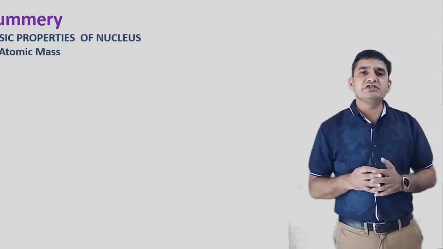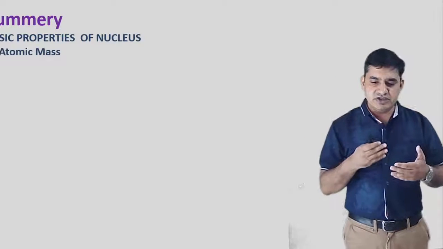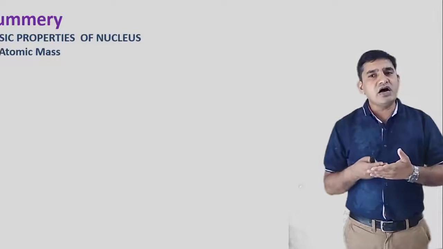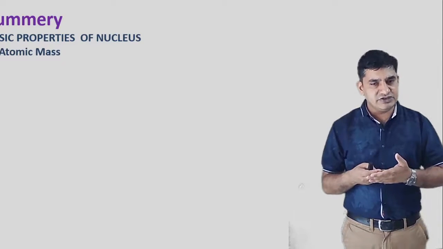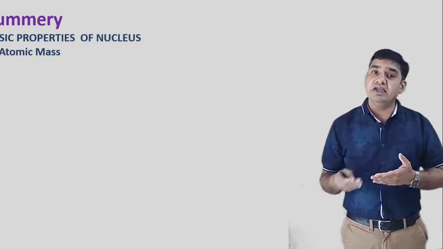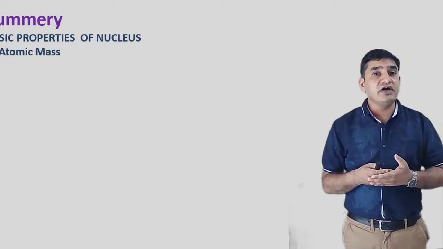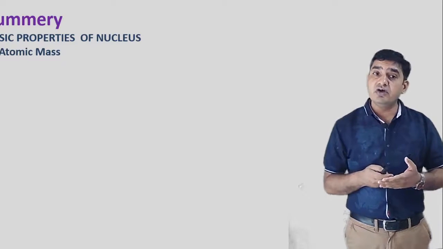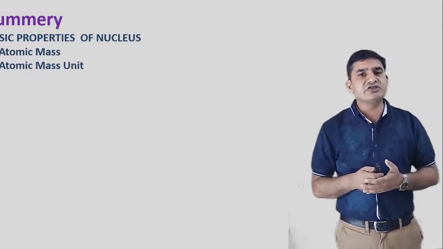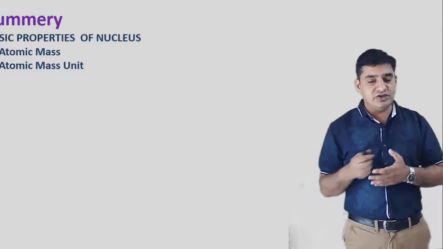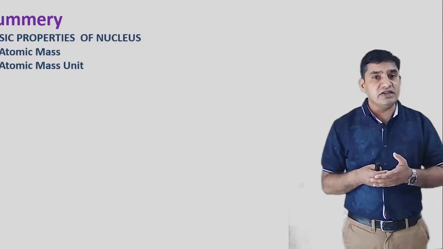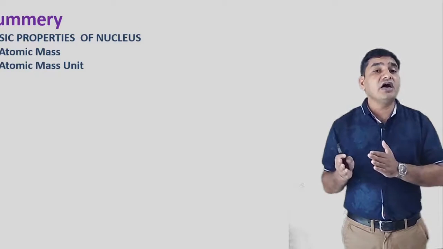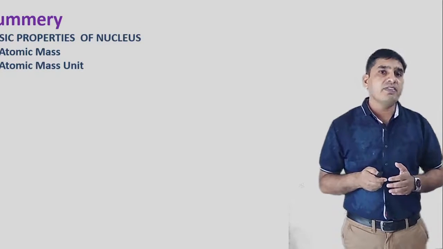So in this lecture we discussed atomic mass, which is the sum of the mass of the nucleons present in a nucleus and Z electrons, that is the number of electrons revolving around the nucleus. Then we also discussed the atomic mass unit. It is the mass equal to 1/12 of the carbon isotope.